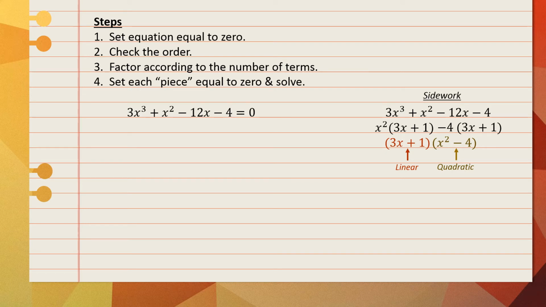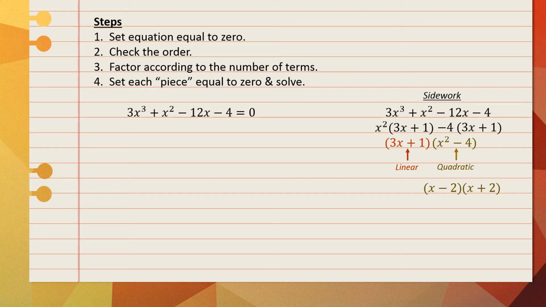Since we have 2 terms, we want to see if it can factor according to a pattern, specifically difference of squares. Is x squared a perfect square? Yes. Is 4 a perfect square? Yes. Is there a minus sign? Yes, which means this does factor into two binomials. This will factor into x minus 2 and x plus 2.